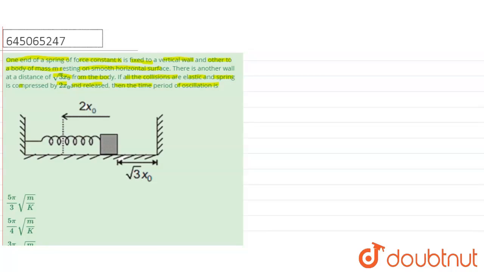You have been given 4 options. Now for the spring, omega will be equal to under root K by M. When the spring is compressed, it goes in the leftward direction, then comes back to mean position and then again goes rightwards, and the collision with the wall is elastic, so there is no loss of energy.